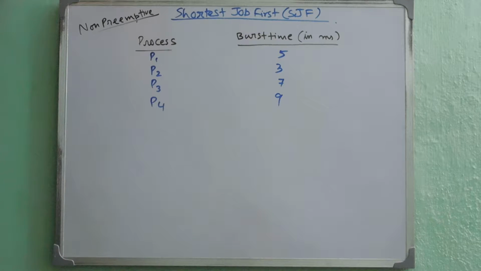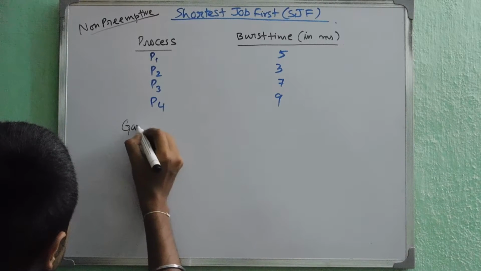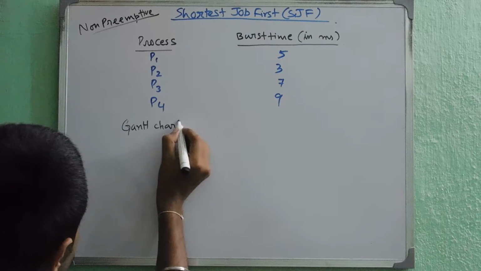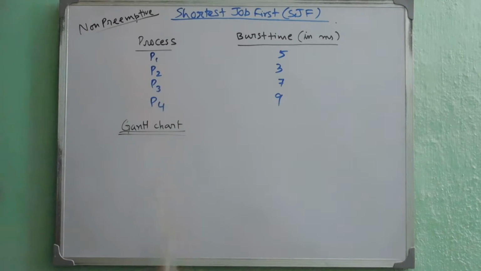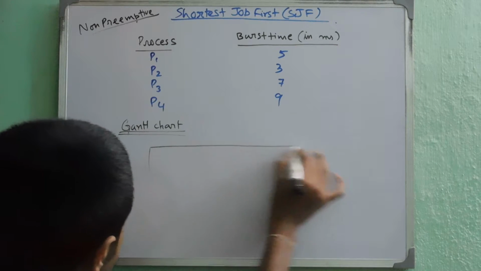Now what we will do, we will draw the Gantt chart for this. Since this is non-preemptive, that means no running task can be interrupted, so that will be quite simple for us. So let's draw the Gantt chart.